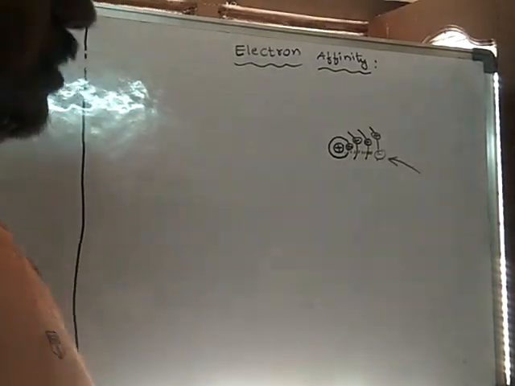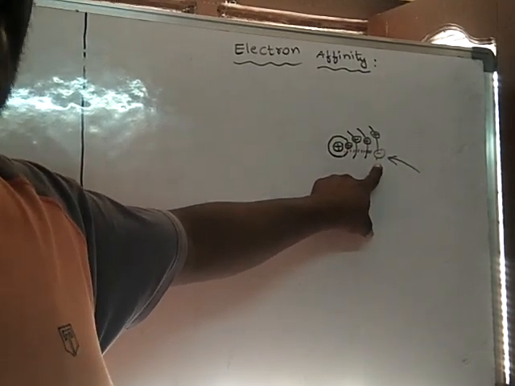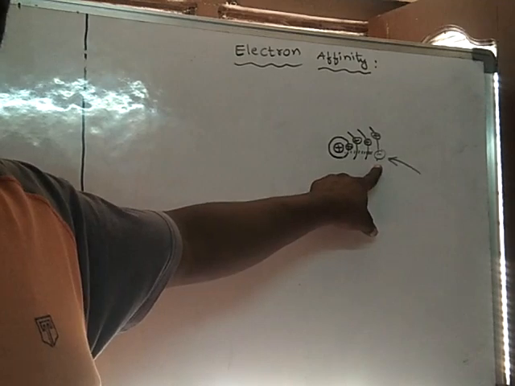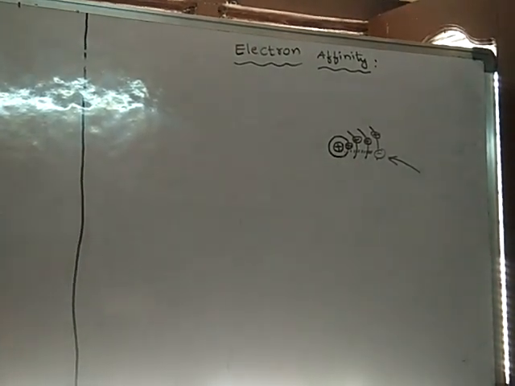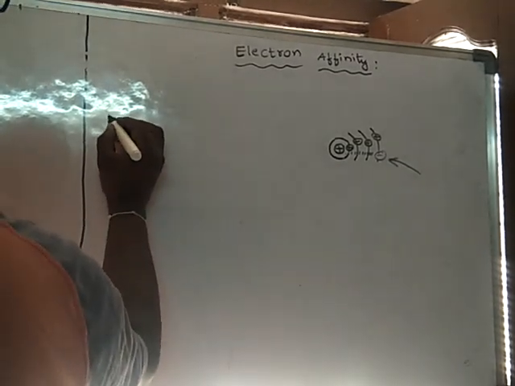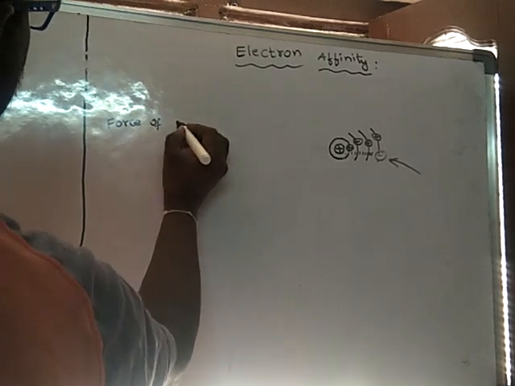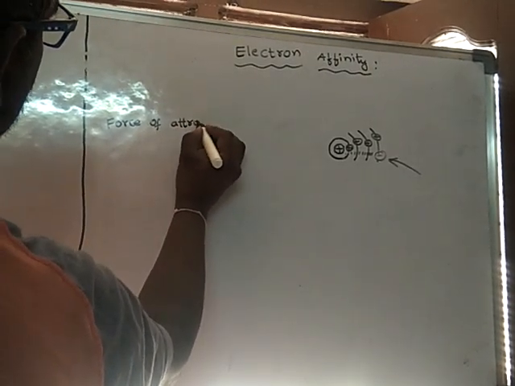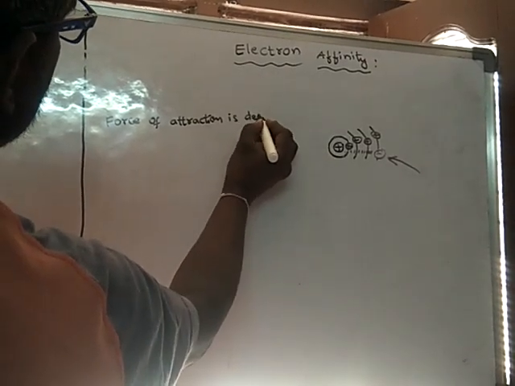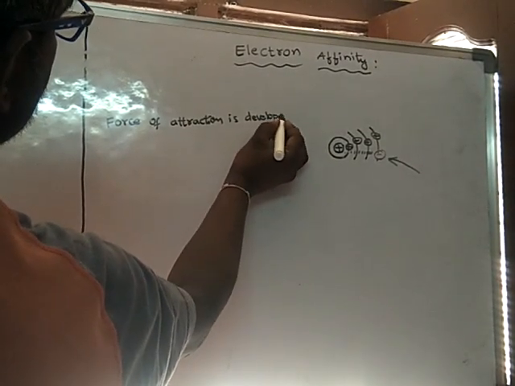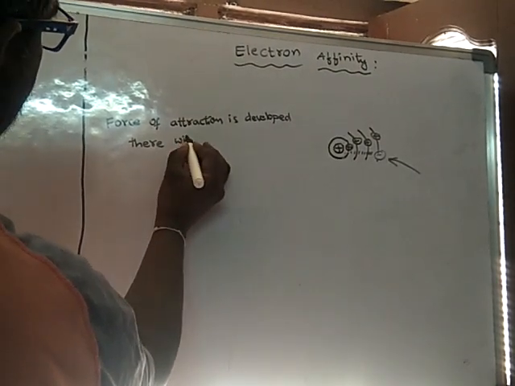Now here, as the nucleus is showing force of attraction on the added electron, we already learned that whenever there is a force of attraction, there should be loss of energy. Remember, when force of attraction is developed, there will be loss of energy.